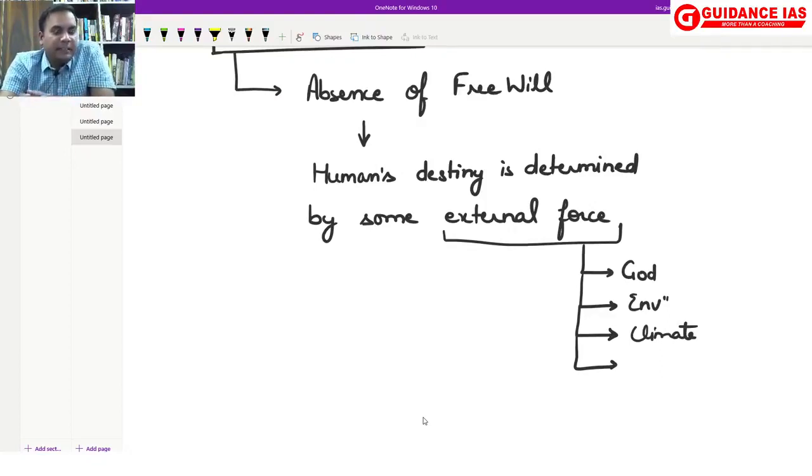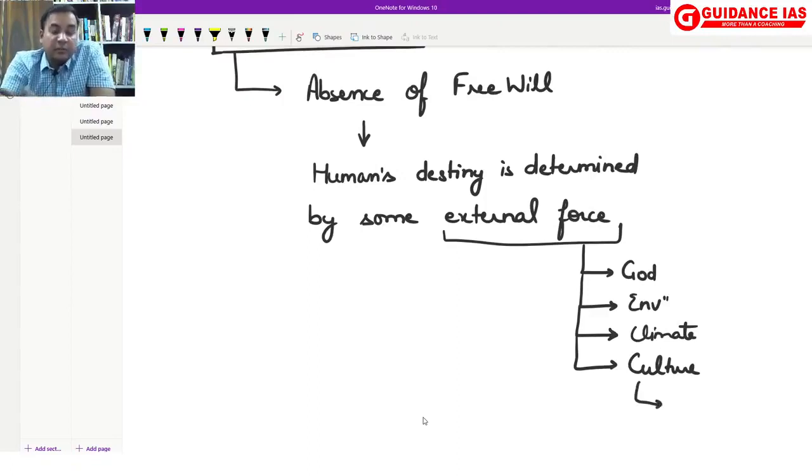So tell me, can I say this external force can also be collective, like culture? Yes or no? Like culture? It can also be like culture. We'll take examples, we will see shortly.